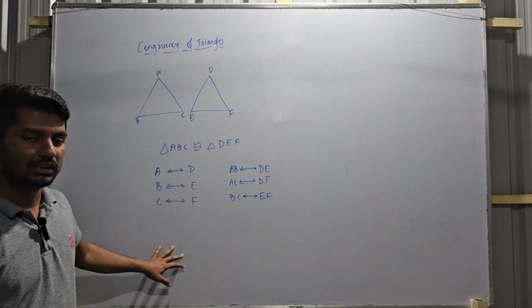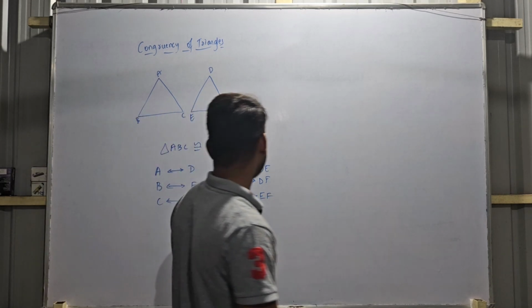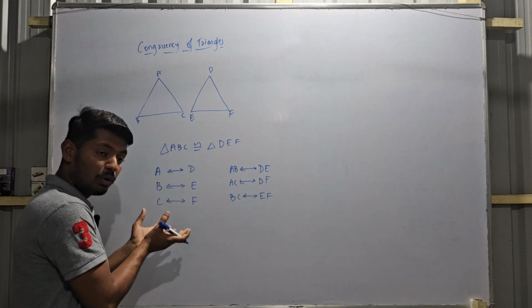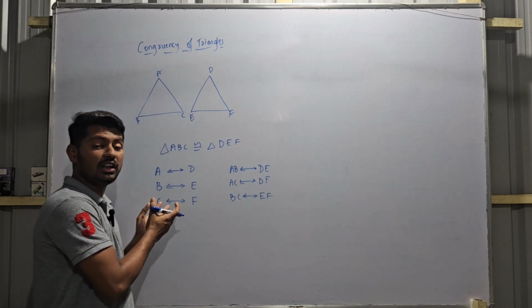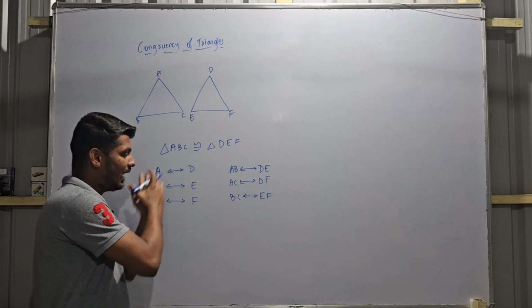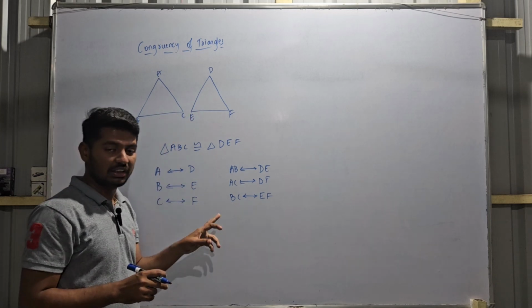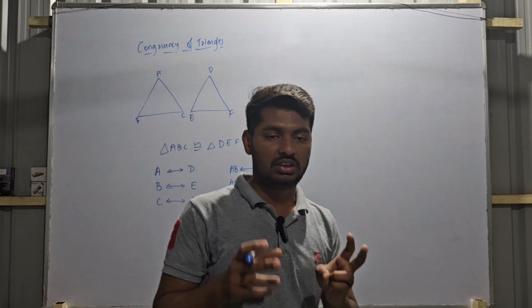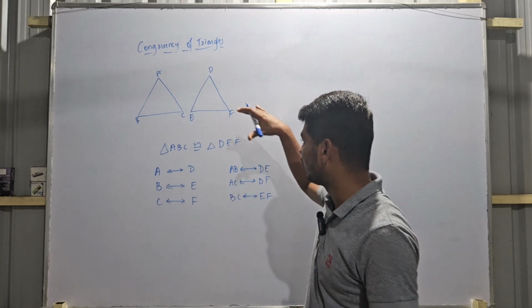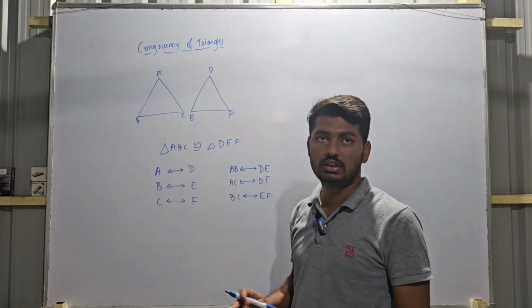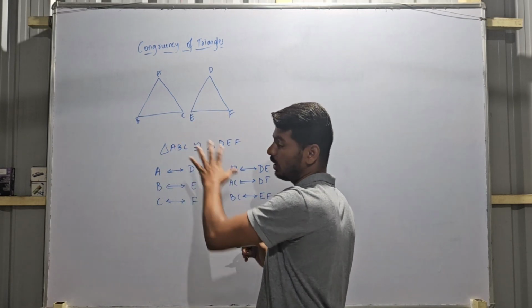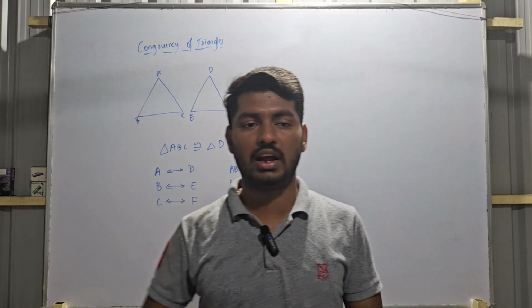So this is how we need to take it: corresponding angles and corresponding sides must be equal when the two triangles are given as congruent. So this is about the congruency of the triangles.